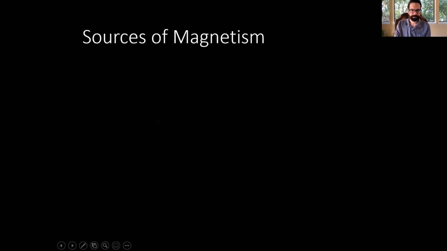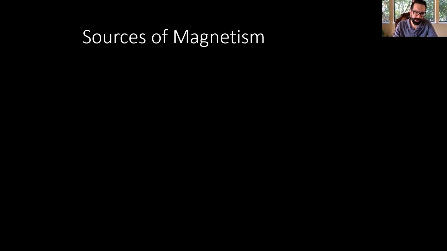Okay. All right, so first I want to talk about where magnetism comes from. Now, really, in order to understand where it comes from, we have to talk about electron spin, go down to the electron level. So we're not going to go into that much detail, at least not now.